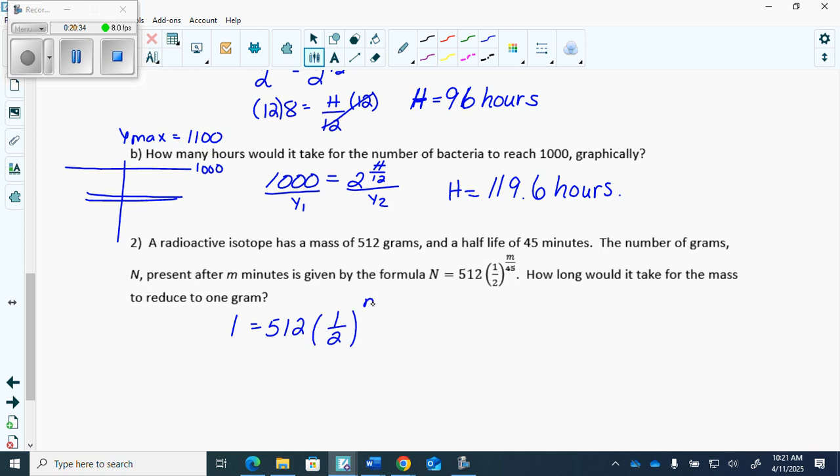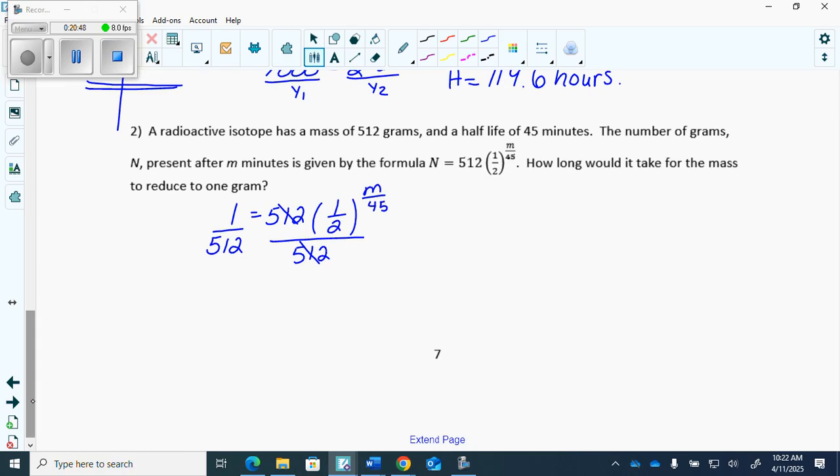Now, some people might have put in their calculator because they freaked out. But what we can do is we can divide the 512 over because it's a number and a number. So 1 divided by 512 is allowed because they both are just numbers. Now, does anyone know 2 to the what is 512? 2 to the 9, correct? Yep.